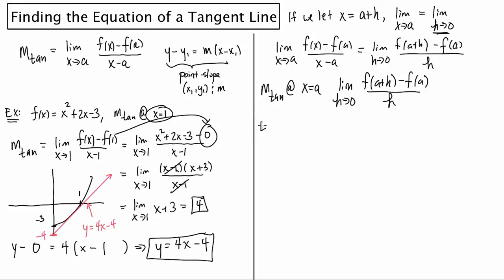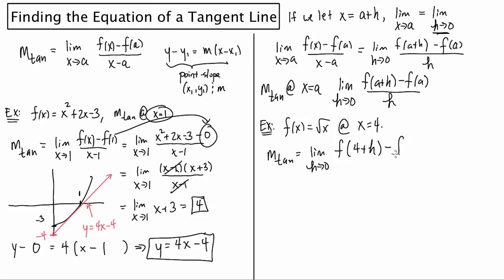So if I asked you to find the equation of the tangent line to the function square root of x at x equal to 4, then to find the slope of the tangent, I would take the limit as h goes to 0 of f of 4 plus h minus f at 4, all over h.